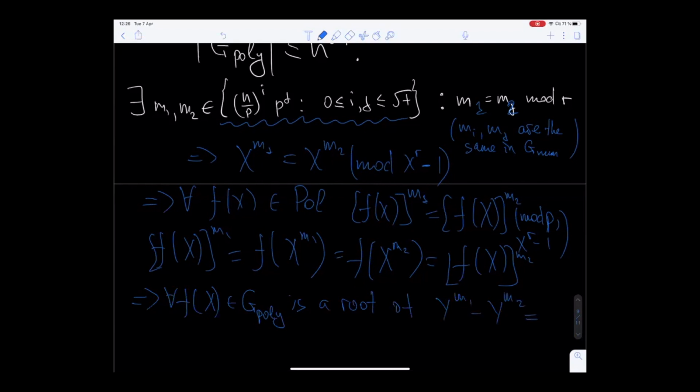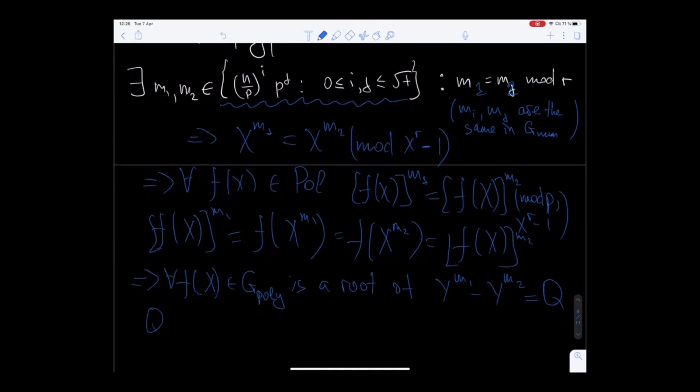Let's denote this polynomial by q. So q belongs to, before I wrote Z, so let's write Z, F of Z. So again, a similar trick. We look at this polynomial q.